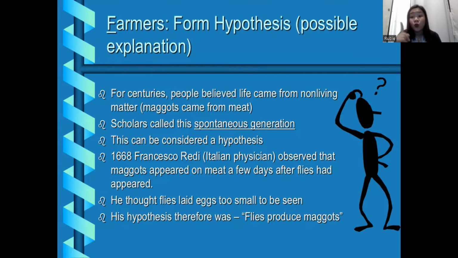But it was an Italian physician in 1668, Francisco Redi, who observed that maggots appeared on meat a few days after flies had appeared. He thought that flies laid eggs too small to be seen, and his hypothesis therefore was flies produce maggots.